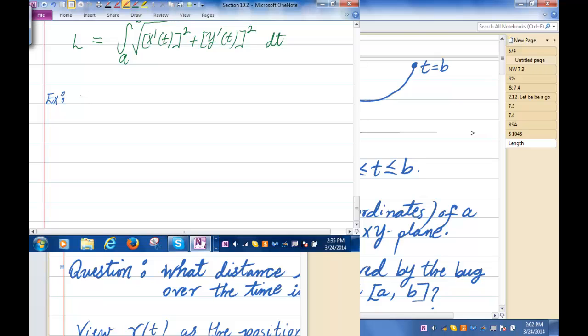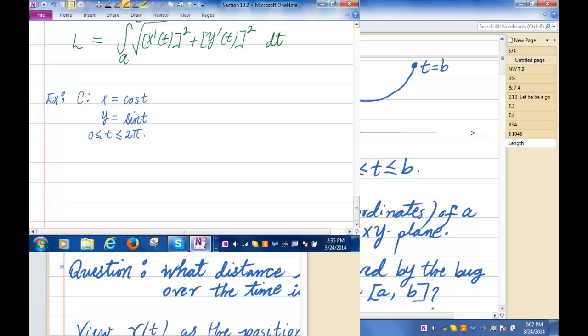Let's say I have a curve C, where x is cosine t, y is sine t, and t is between 0 and 2 pi. Anyone remembers what curve is that?